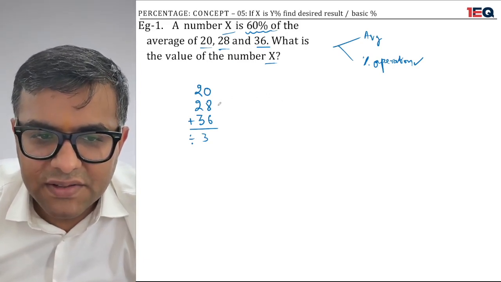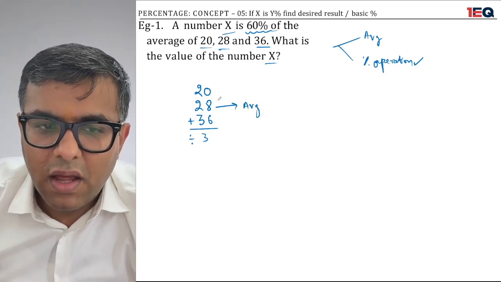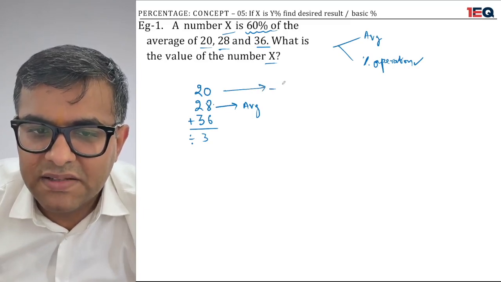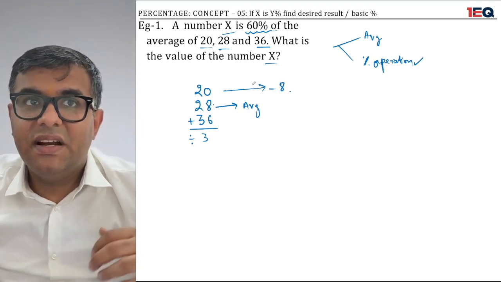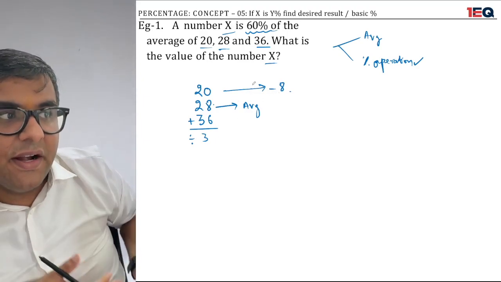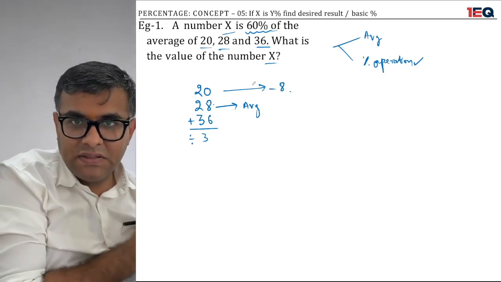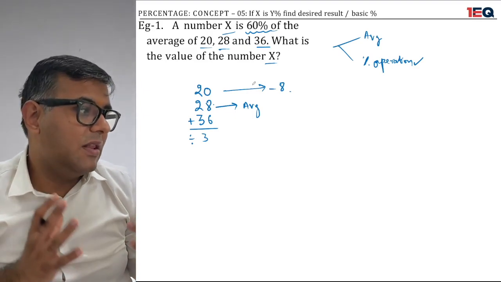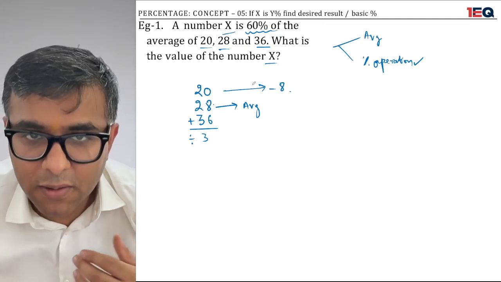If I assume that 28 is the average, moving from 28 to 20, I have a loss of minus 8. Because if I'm assuming the average is 28 and I have a friend who's just 20, he's pulling away my power by minus 8.